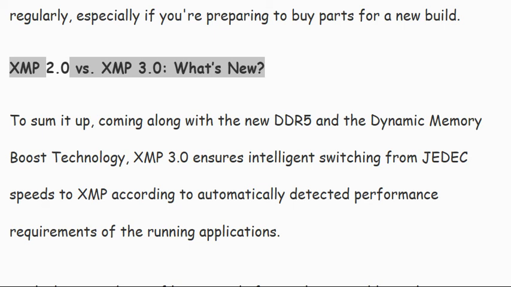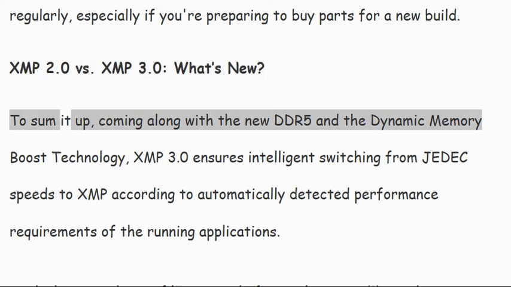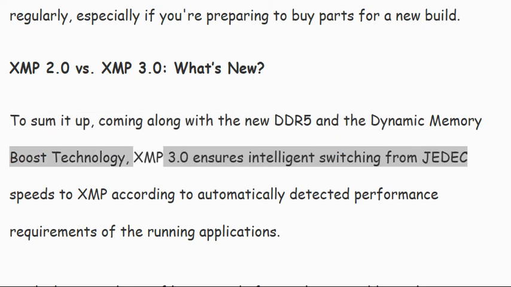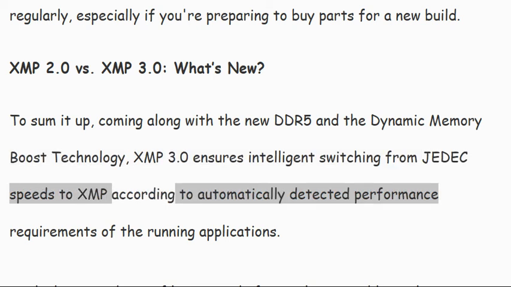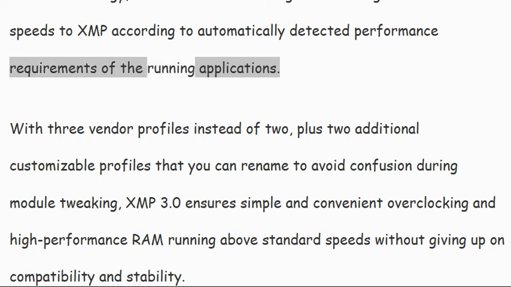XMP 2.0 versus XMP 3.0, what's new? To sum it up, coming along with the new DDR5 and the Dynamic Memory Boost technology, XMP 3.0 ensures intelligent switching from JEDEC speeds to XMP according to automatically detected performance requirements of the running applications.